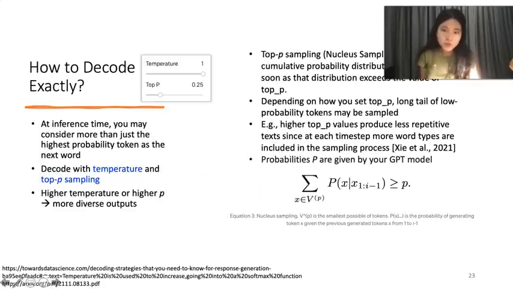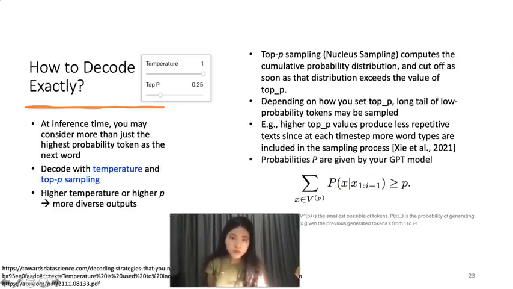For another strategy, we can try top P sampling. Top P sampling, or nucleus sampling, computes the cumulative probability distribution and cuts off as soon as that distribution exceeds the value of top P. This is again to increase the probable tokens to be sampled from. Suppose you have a few words whose cumulative probability has achieved some top P value, let's say 0.25.